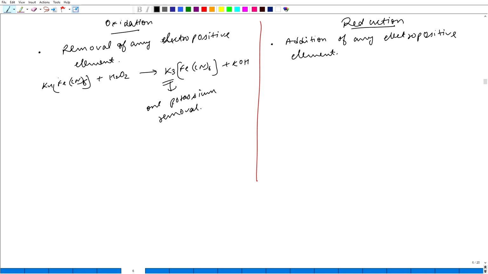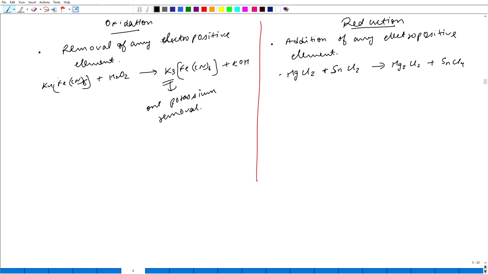Example, addition of any electropositive element, let us say... Okay.